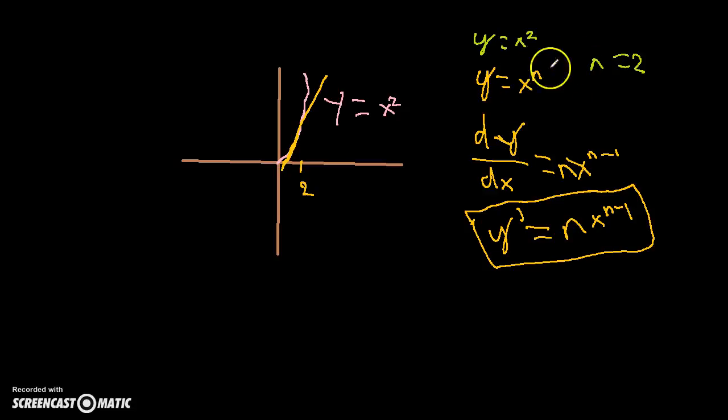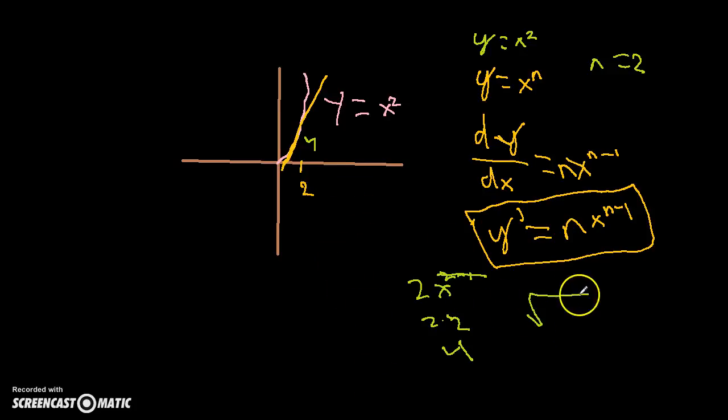So now it's 2 times x to the 2 minus 1, or just 2x. Okay, so let's plug in 2 for that, and now we have 2 times 2 is just equal to 4. Okay, so that slope is equal to 4. Pretty interesting.